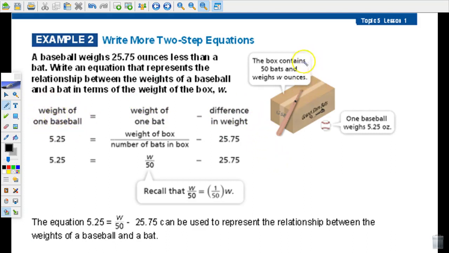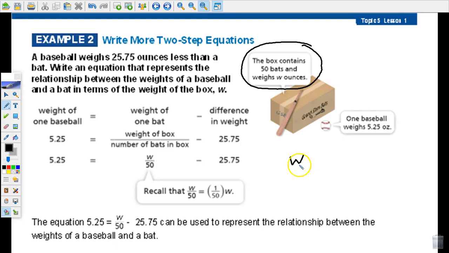To find the weight of a baseball bat, we look at this word bubble, and it says the box contains 50 bats and weighs W ounces. So we know the whole entire box weighs W ounces, and the box holds 50 bats.